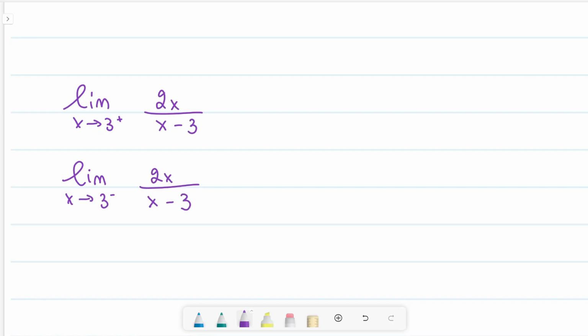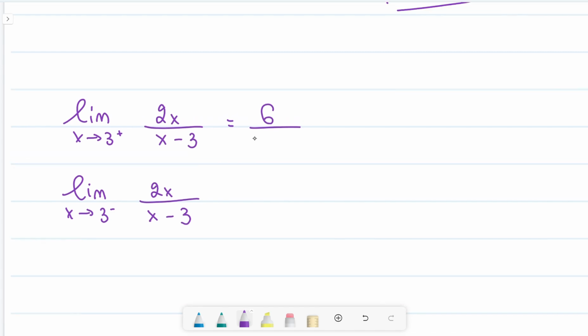So when x approaches 3 from the right, let's plug in to see what we get. In the numerator, we have 3 times 2, this gives us 6. And in the denominator, we have a value a bit larger than 3, as we approach 3 from the right, minus 3. So if we have a value slightly larger than 3 minus 3, this is 0, but it's a bit larger than 0, so we can write this as 0 from the right.